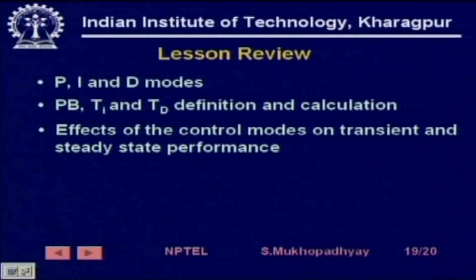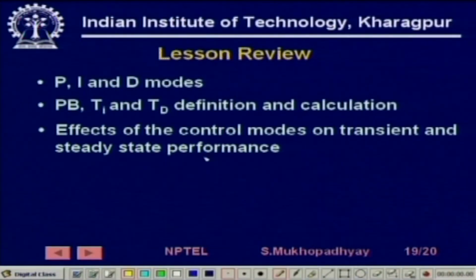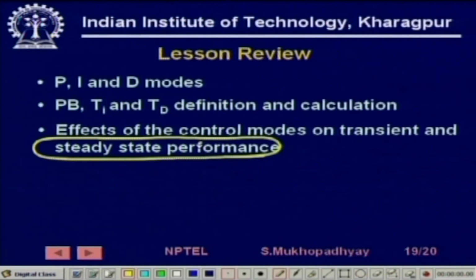Then we saw that these various control modes can give you various kinds of transient and steady state performance. For example, we have seen that the integral control mode can cause integral wind up. Similarly, we have seen that the derivative control mode can give you a lot of noisy performance if you have sensor noise.